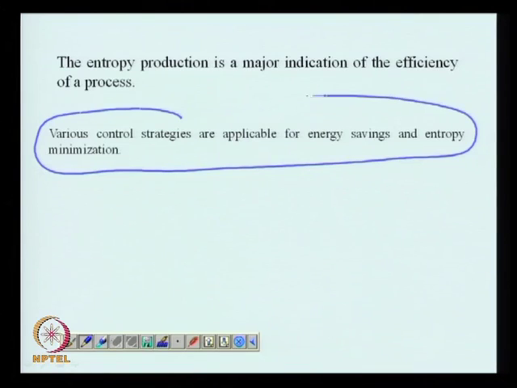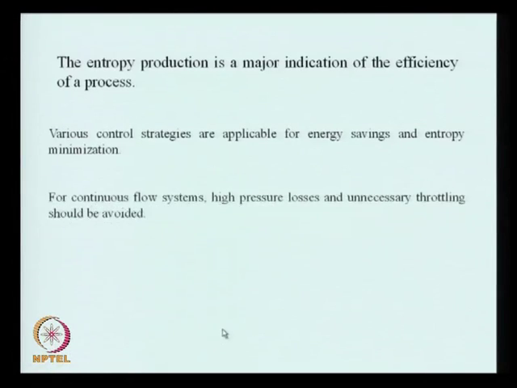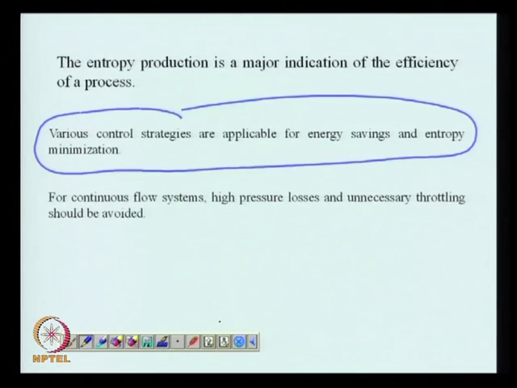And various control strategies are applicable for energy saving and entropy minimization, and these are some of the examples that I have already mentioned. The additional ones are that if we have a continuous flow system, the pressure losses should be kept to a minimum, and we need to minimize unnecessary throttling, as I have already explained.